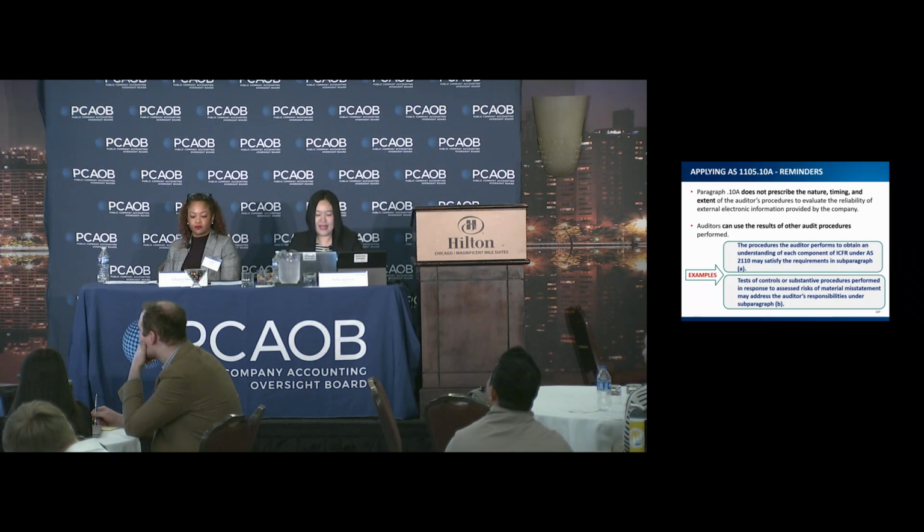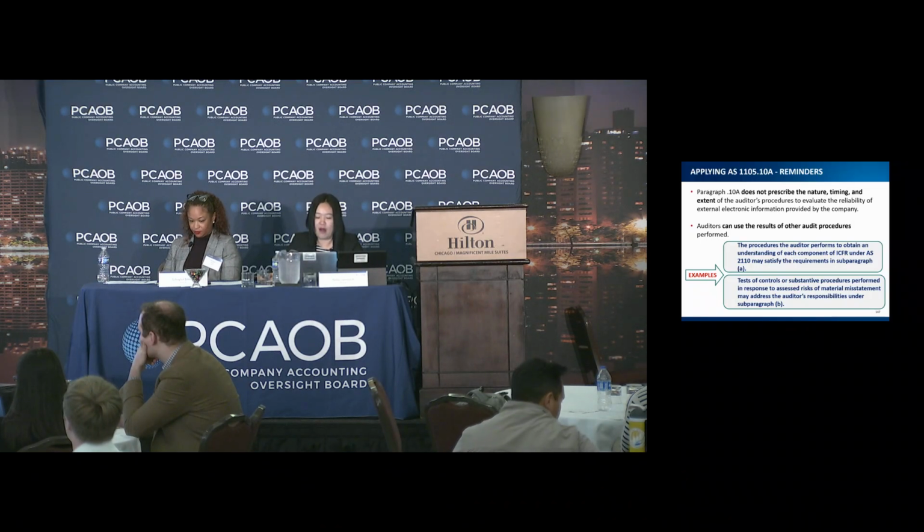Paragraph 10 cap A does not prescribe the nature, timing, or extent of procedures necessary to comply with the requirement. It also doesn't prescribe the manner in which items are selected for testing. Auditors are not required to test every piece of external information provided by the company to the auditor in electronic form.